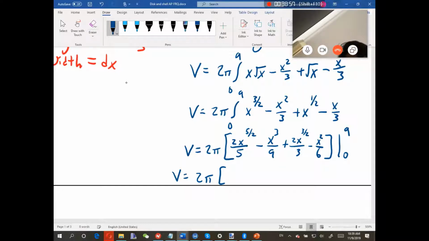So this is 3 to the 5th power, minus 9 cubed over 9, plus the square root of 9 is 3, cubed is 27. 2 times 3 cubed over 3, minus 9 squared over 6.